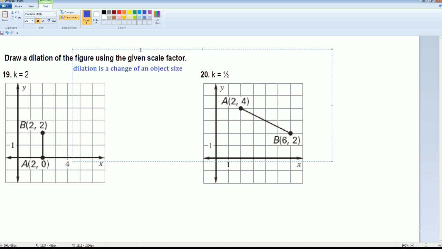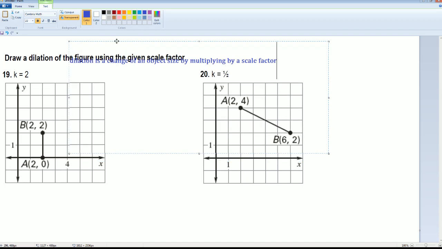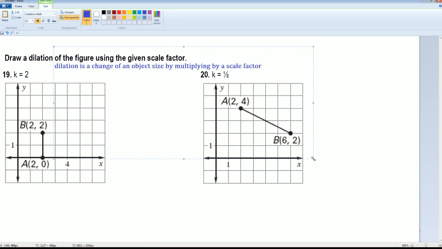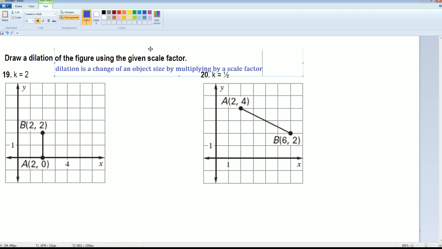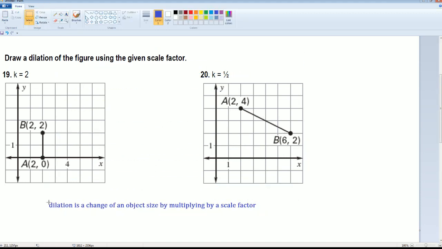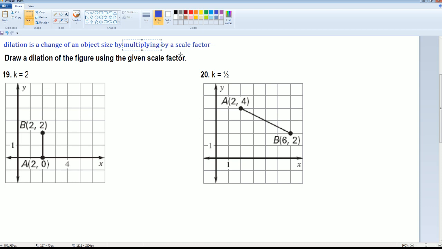It is a change of an object's size by multiplying by a scale factor. I want you to remember that. It is when you multiply by the scale factor. I'm going to leave that up here so we can have that as reference. Keyword: multiply by the scale factor.